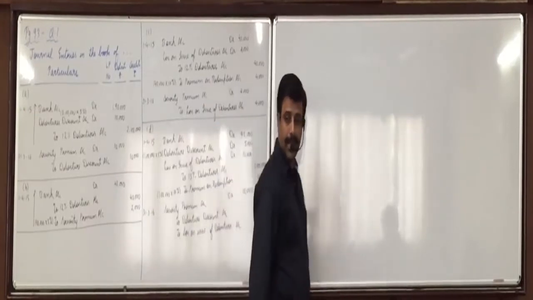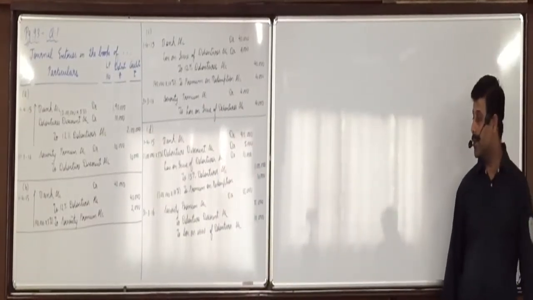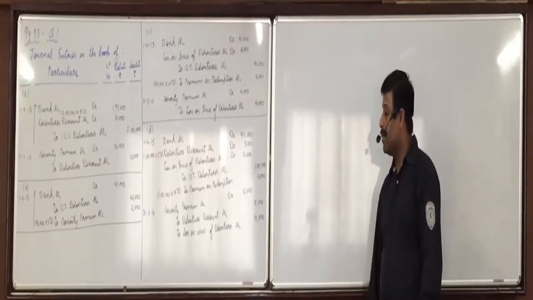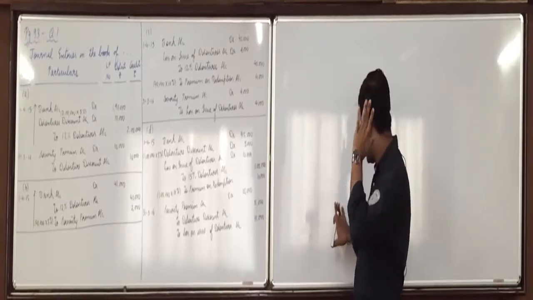Did everyone understand this? Being debenture discount and loss on issue of debentures written off.